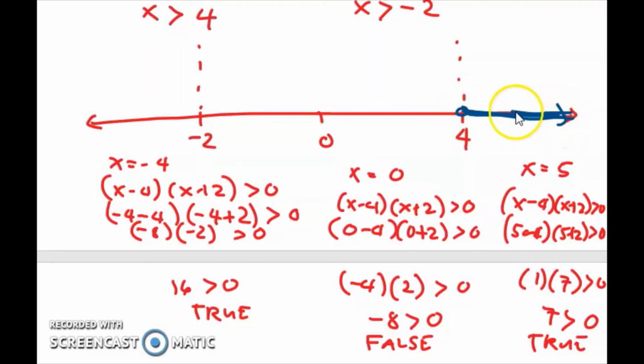Don't forget to put the arrowhead. Hollow lang to, ha? Hollow. Wait lang. Baka malito kayo. Okay, so this is a hollow point. A hollow circle. Same here, ha? Hollow din ito. And then, papunta doon. Okay, so that's the graph.